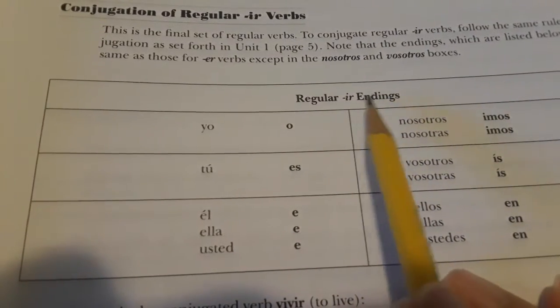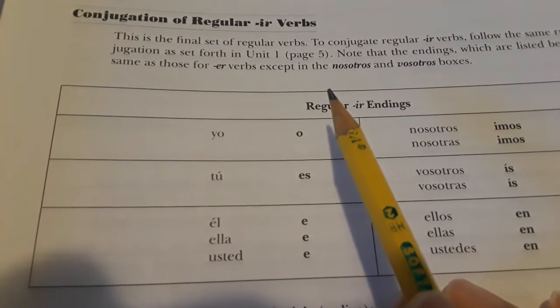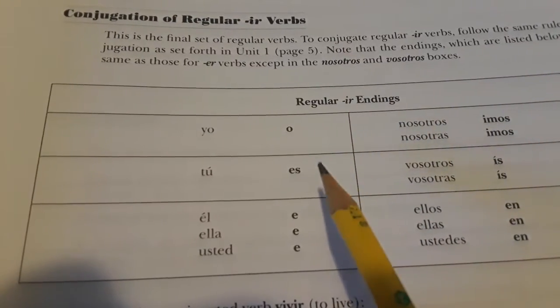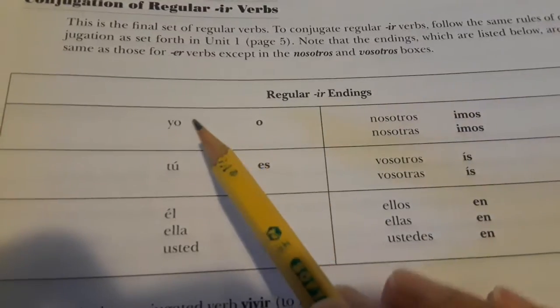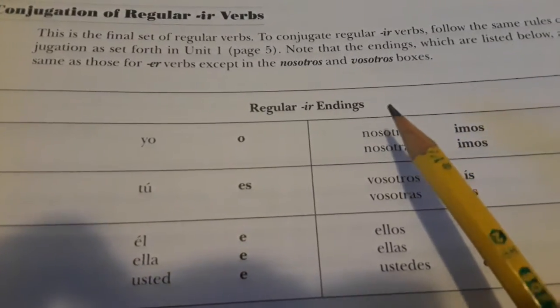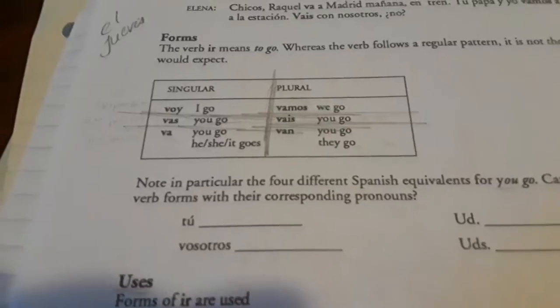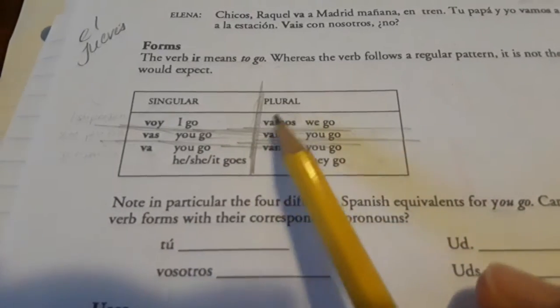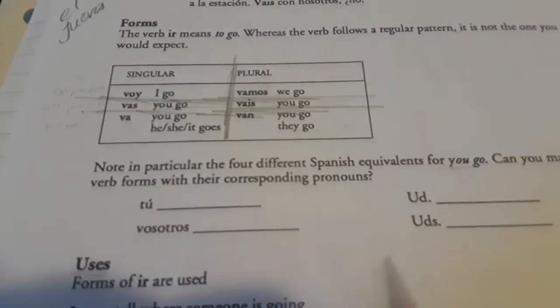So when you conjugate these infinitives, the endings are the ones that change. So they're just asking you, which subject pronoun goes with these conjugated verbs? That's what they're talking about.